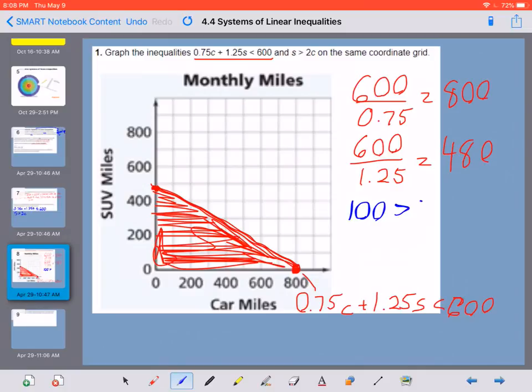So I'll say 50. So to get 50, it would have to be 2 times 25, which would give me a point of 25, 100. So I'll put a point there at 25, 100. That gets me right there.